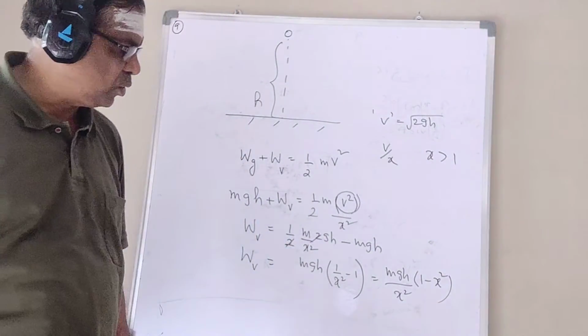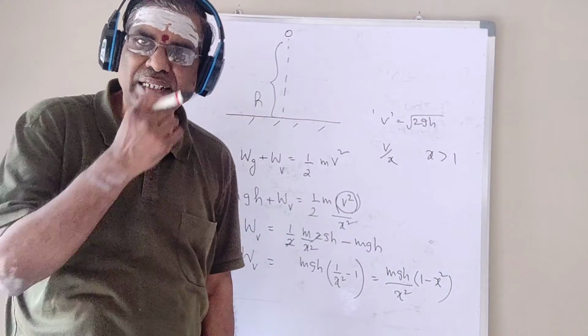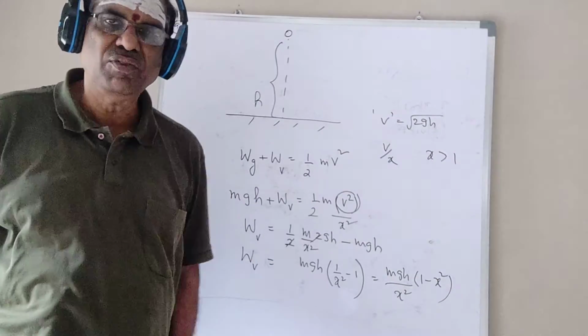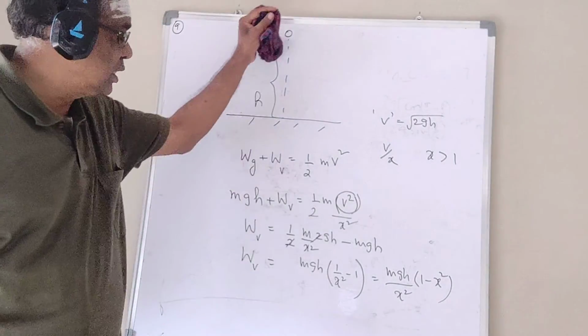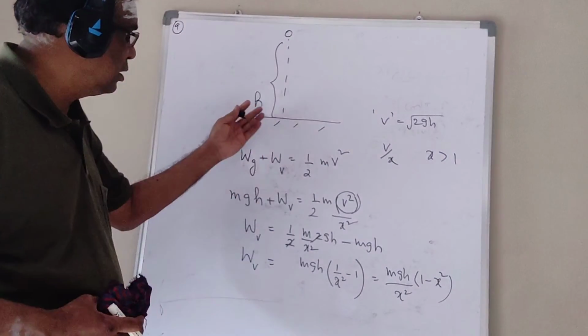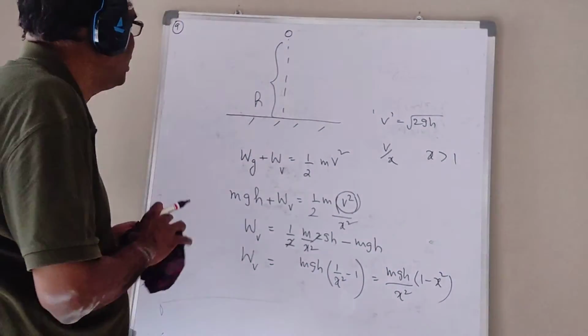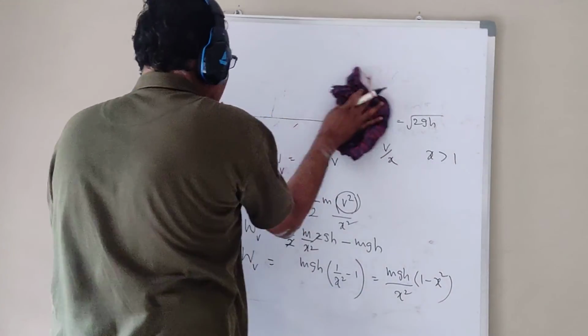So if x is equal to 2, this becomes 4, and this becomes minus 3. So minus 3/4 of mgh. That is how you find out the work done by the viscous force. Any other force that is generally present over there. Okay?